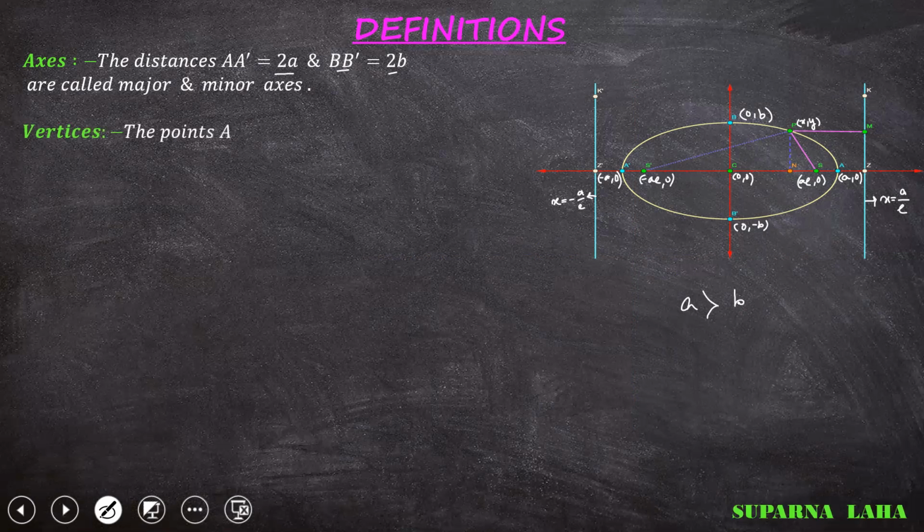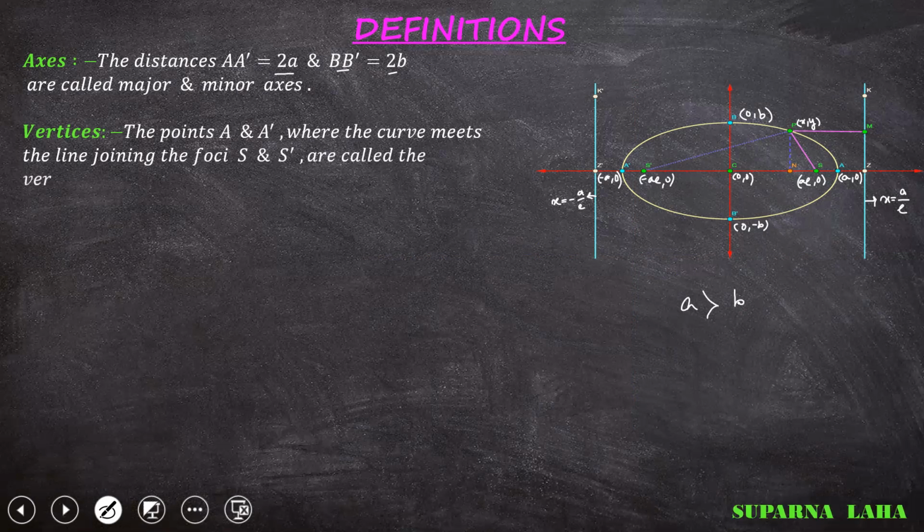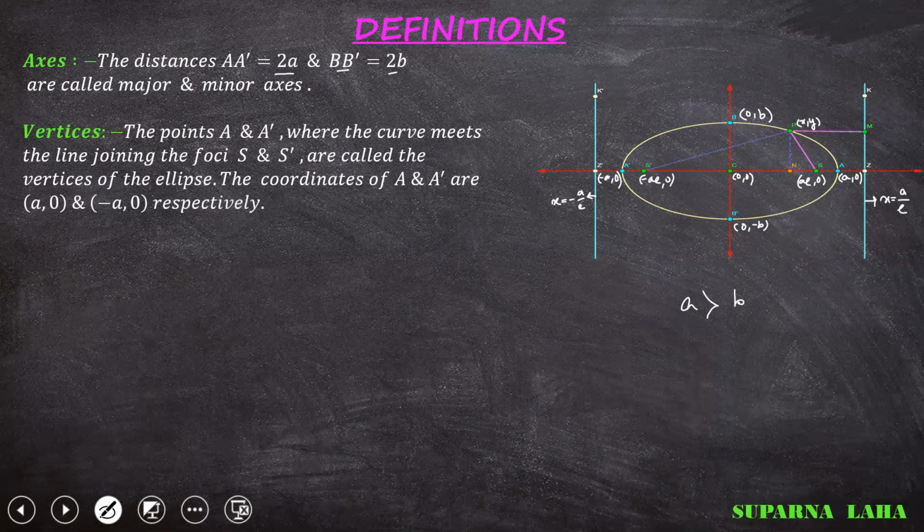Next is the vertex. The points A and A dash, where the curve meets the line joining the foci S and S dash, are called the vertices of the ellipse. So the coordinates of A and A dash are a comma 0 and minus a comma 0. We already found their coordinates from the equation.